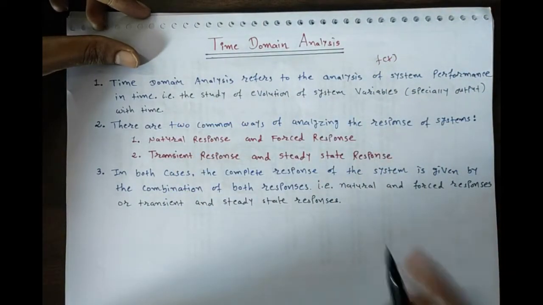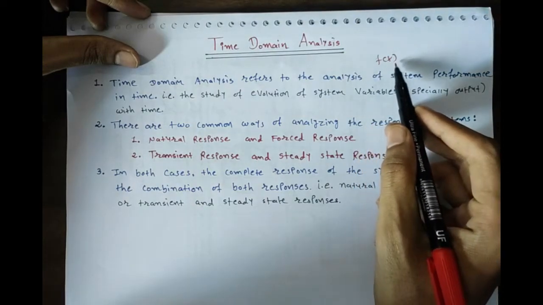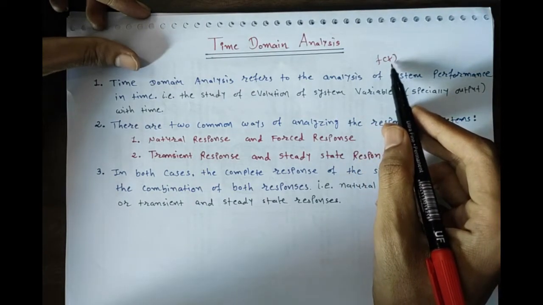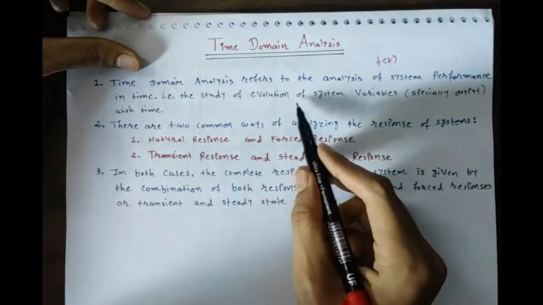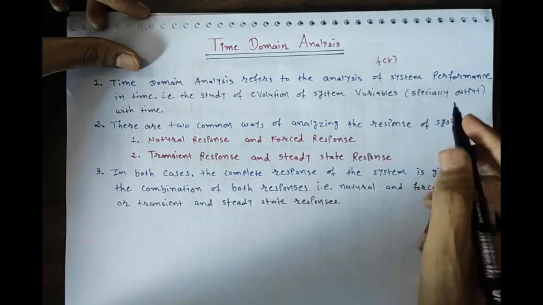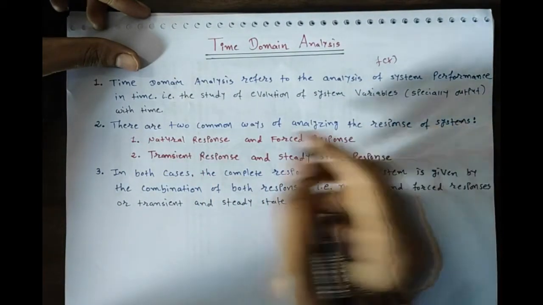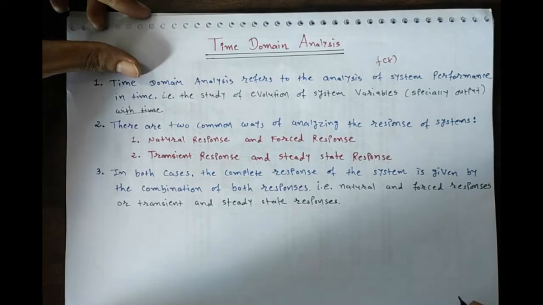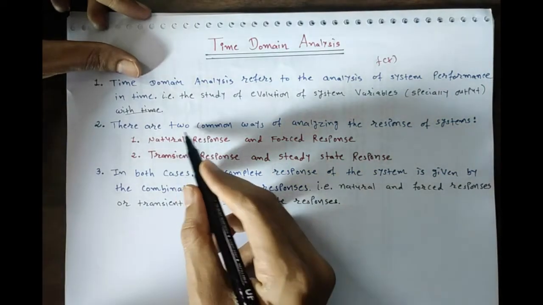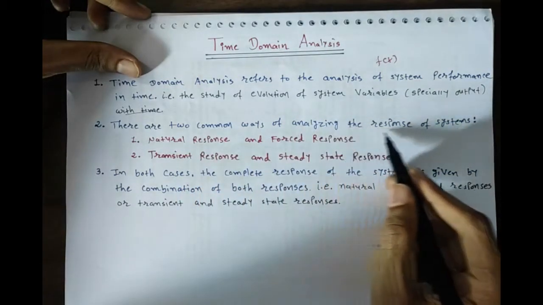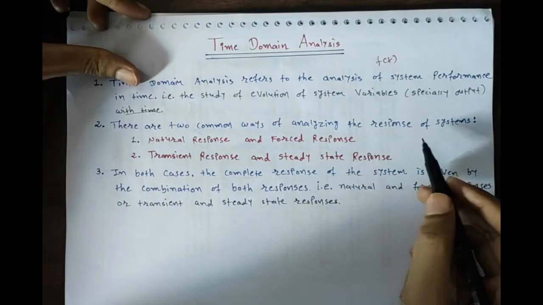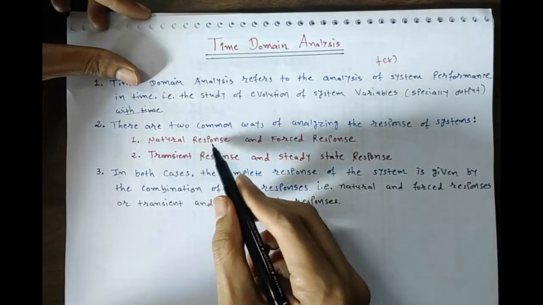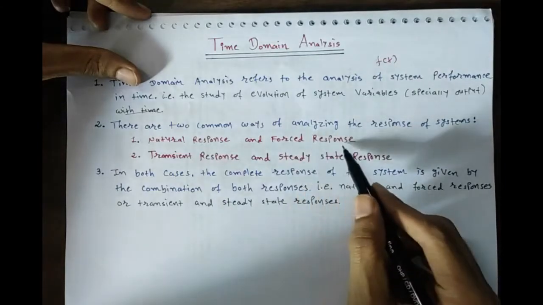So we are assuming a function of time. The study of the evolution of the system, especially the output, with respect to time is the time domain analysis. Generally there are two common ways of analyzing the response of the system. The first is the natural response and the second is the forced response.